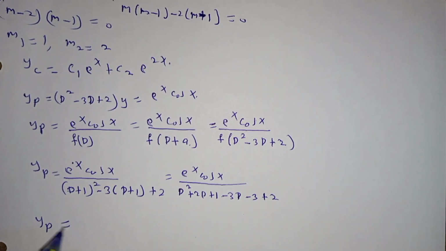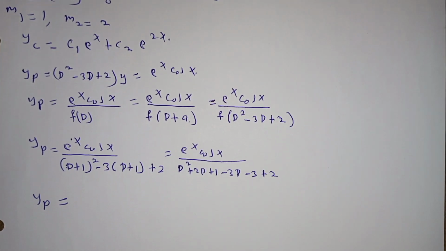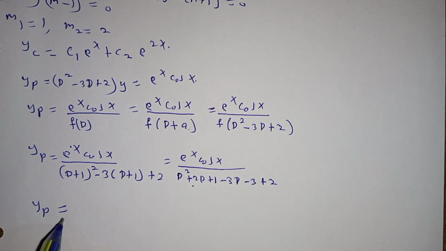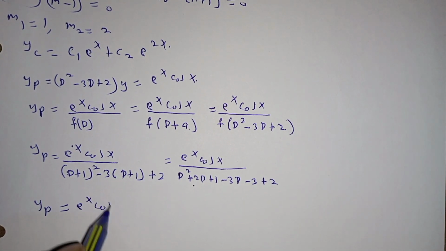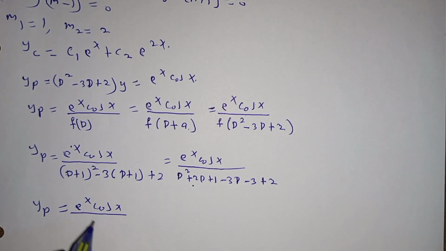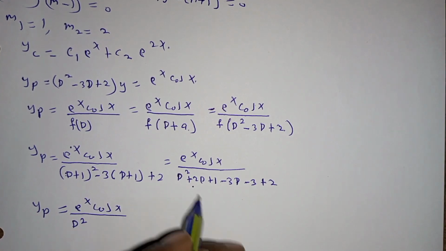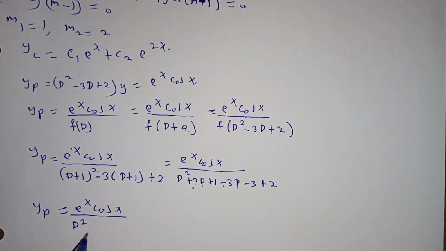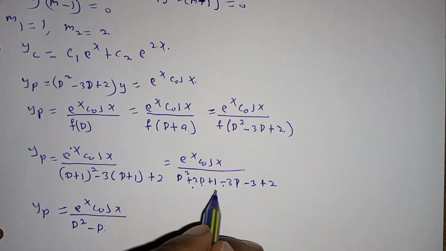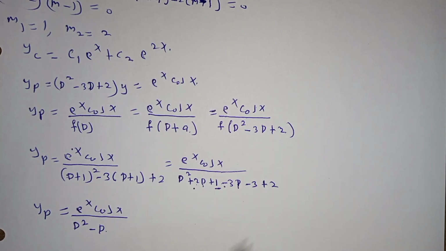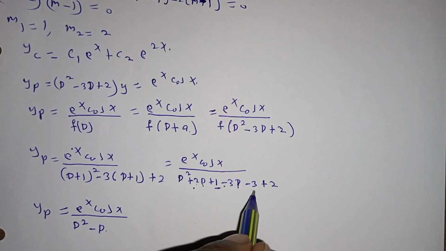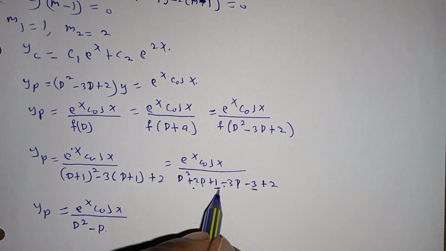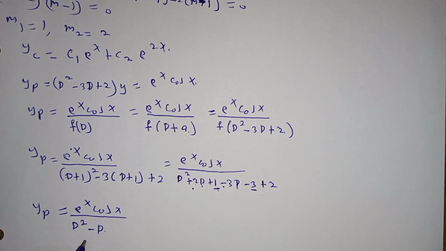So yp is equal to, so we simplify this, e^x cos x divided by d squared. You have 2d minus 3d, which will give you minus d. You have 1, and this other part here, so that will give you 0.